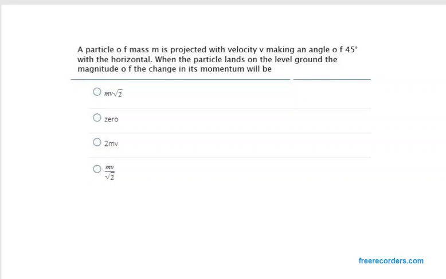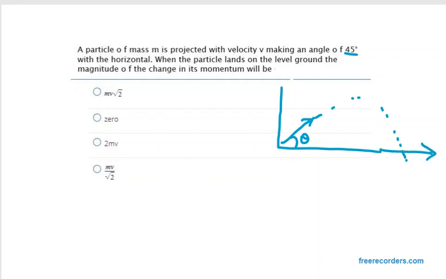First of all, I will make a rough figure for the same. As you know that we have an angle of 45 degrees. So this is how it will look.